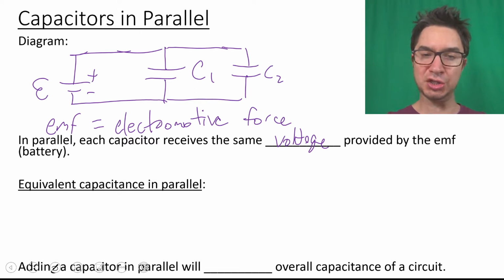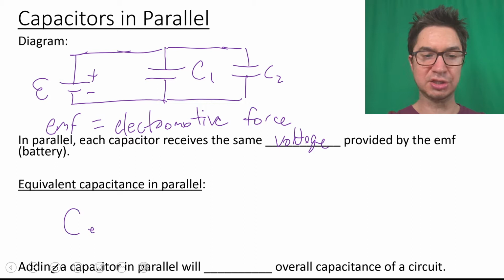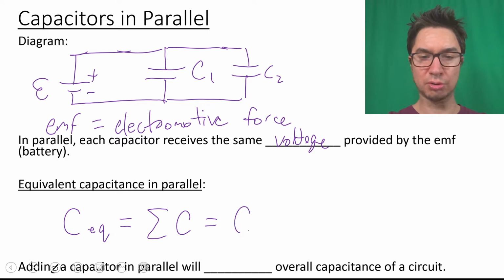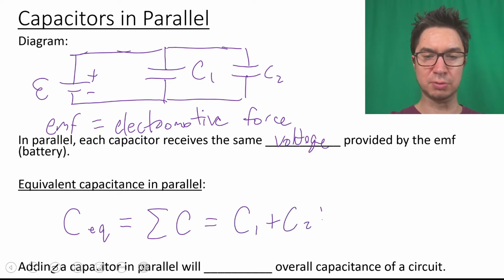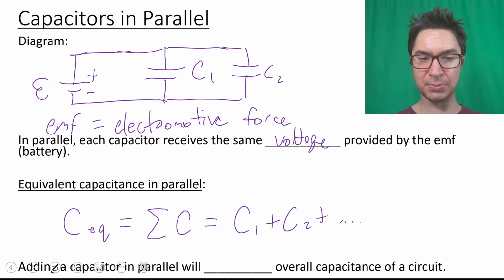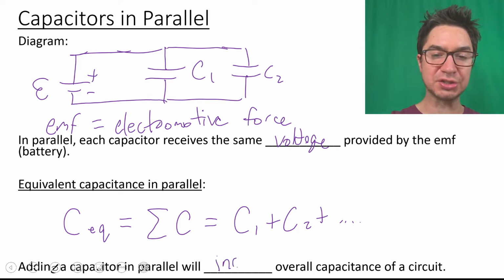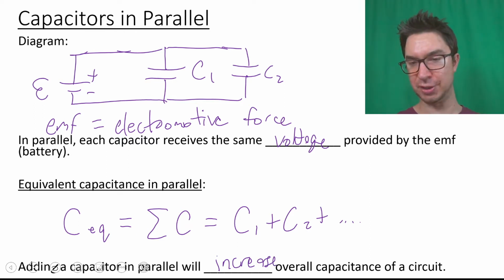And the equation, as we saw earlier for the equivalent capacitance in parallel, is C equivalent is equal to the sum of all capacitors, or C1 plus C2 plus ... And as a result, because adding a new capacitor will just add on an extra term, adding a capacitor in parallel will therefore increase the overall capacitance of a circuit.